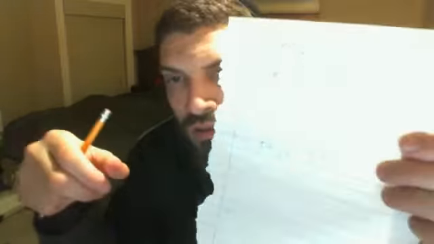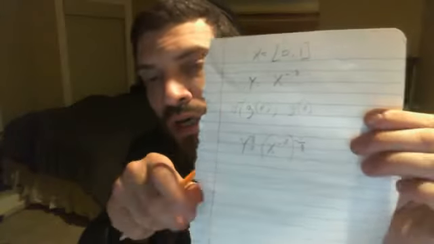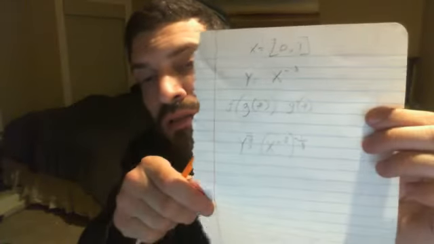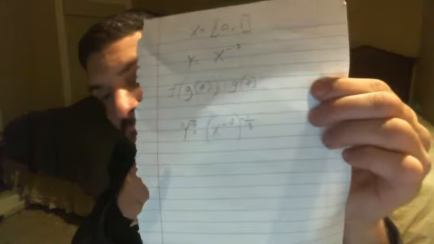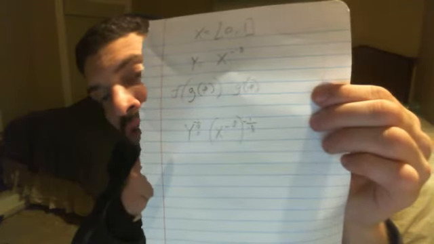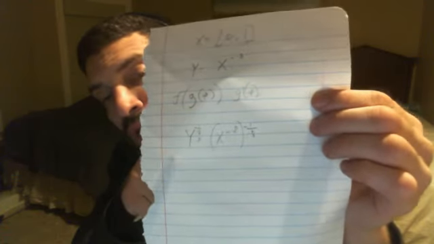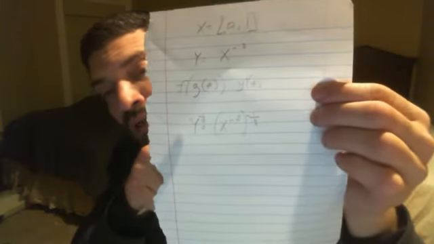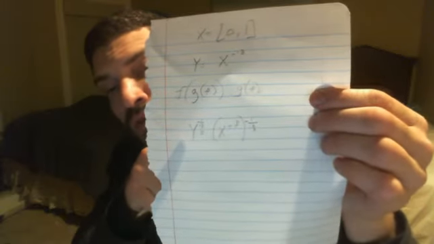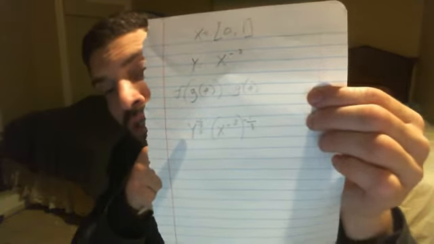I took this side and I multiplied it by negative 1 over 0.8. That turns it into x, because negative 0.8 times negative 1 over 0.8 is actually 1.